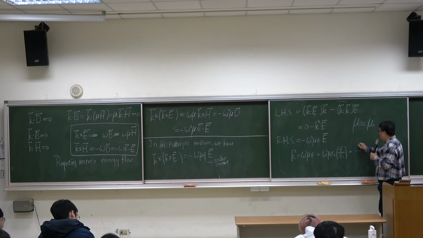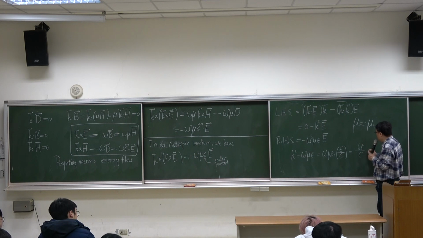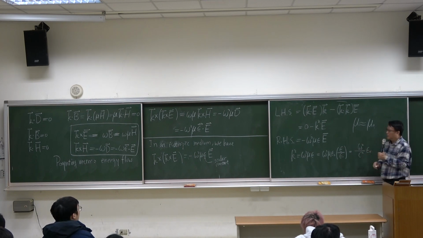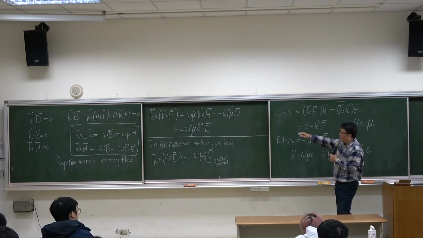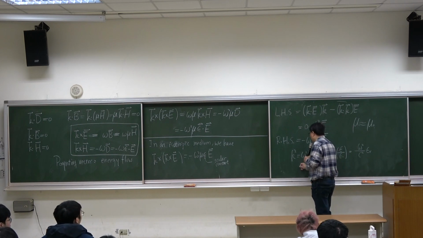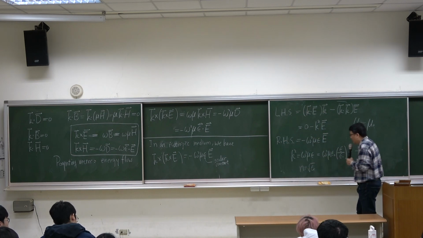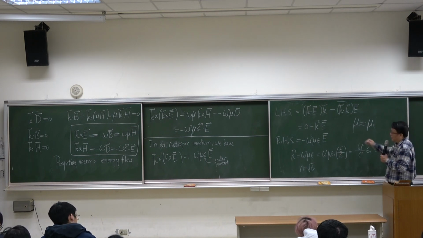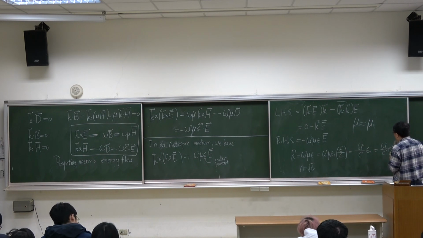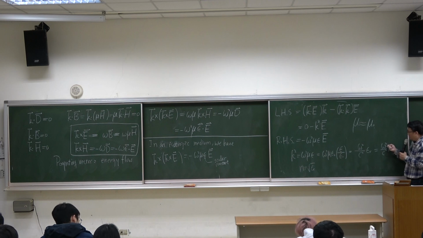So we have omega squared over c squared times epsilon r. And we have already learned that in isotropic medium, n is equal to the square root of epsilon r. So this is omega squared over c squared times n squared. So in isotropic medium, we get this very simple relation between omega and k, and we have a fixed refractive index.